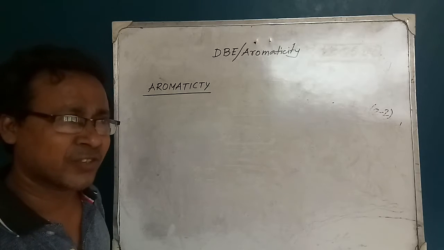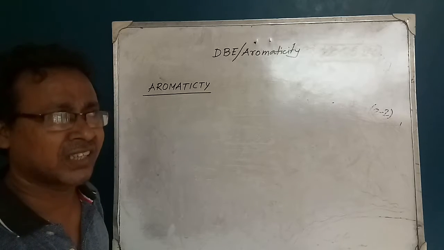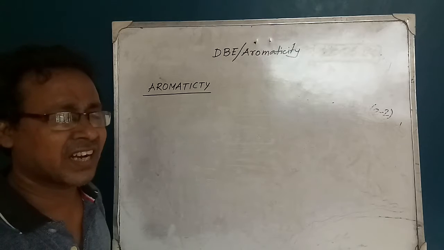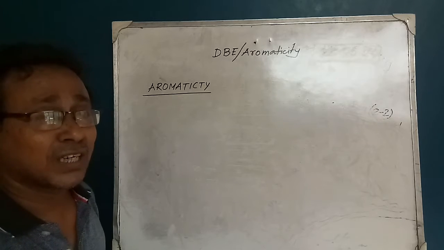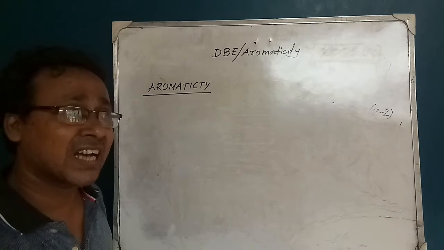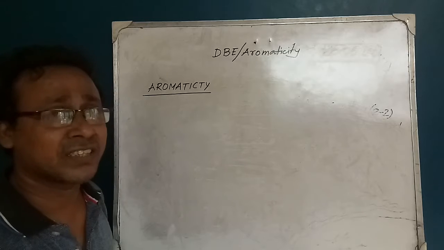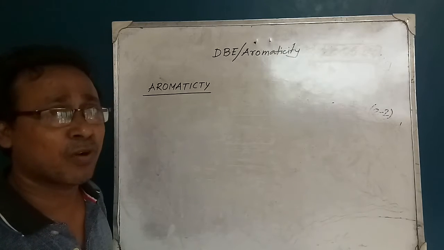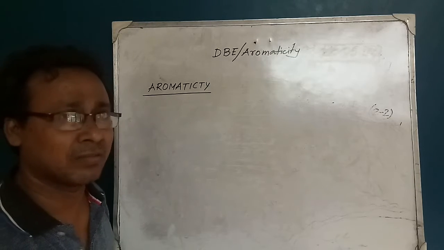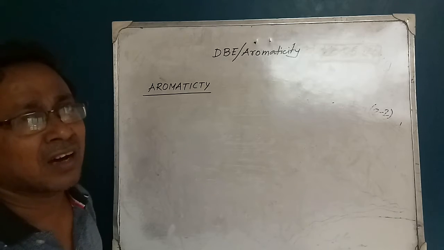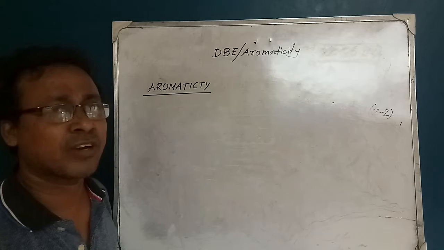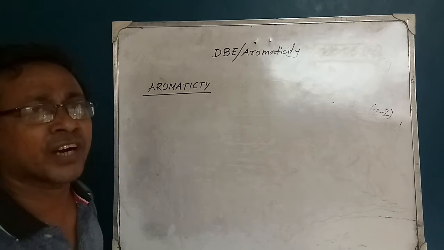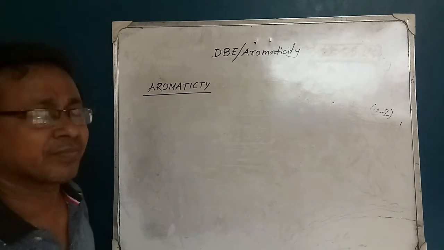They are resistant to oxidation, reduction, etc., or very stable. So what is the underlying reason for this type of compound to be so stable? One of the causes of their stability is aromaticity. That's why aromaticity is very important in organic chemistry.